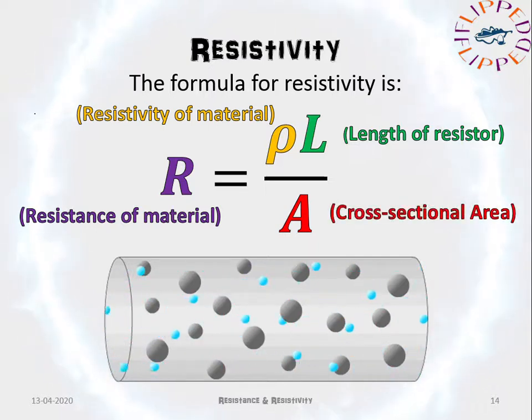So here we can see that the resistance would be directly proportional to the length, and inversely proportional to the area. And if you're not sure how I got to that, you would be able to do that if you rearrange the formula.